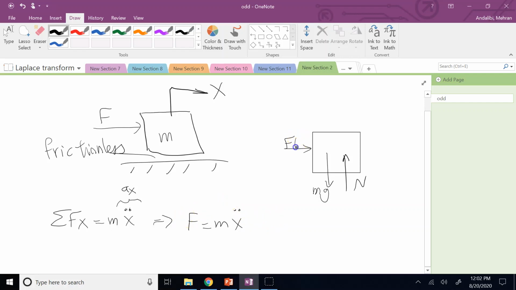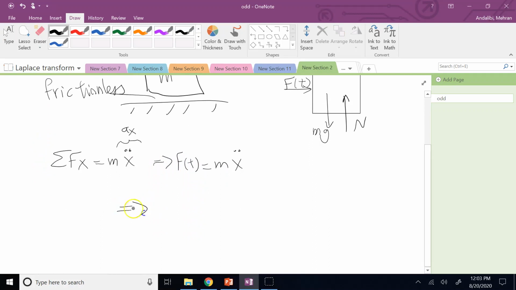Remember that in general this is f of t, okay? This input force can be time variant. It's not necessarily always a constant force. So now I take the Laplace of both sides of this. What happens? This becomes F of s.